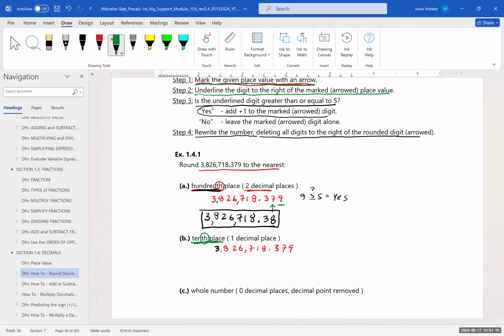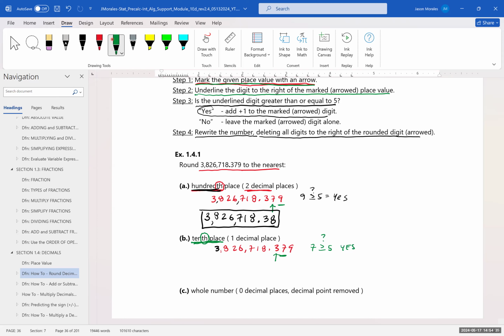It's going to be a decimal place to the right of the decimal point. And the 10th place is the very first one next to the decimal point. So now we'll identify the digit to the right of that marked decimal place. And then we'll ask, is 7 greater than or equal to 5? And the answer is yes.